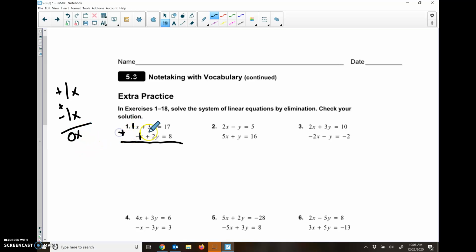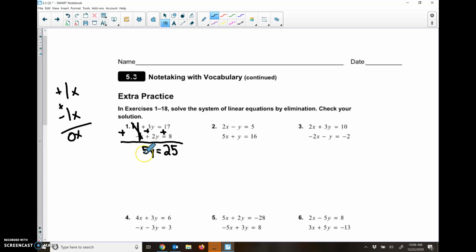And since this is math, and math is all about being fair and equal, I'm going to add everything in the problem. So I'm going to add 1x and negative 1x, and they cancel out and I get 0x. I'm going to add 3y and 2y, and I get 5y. And then I'm going to add 17 and 8, and I get 25.